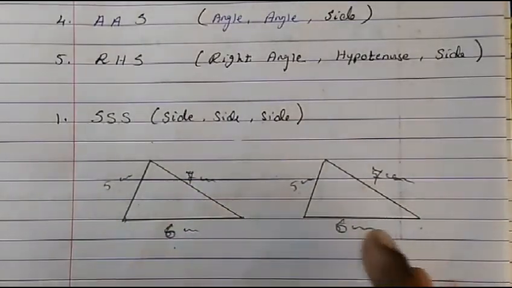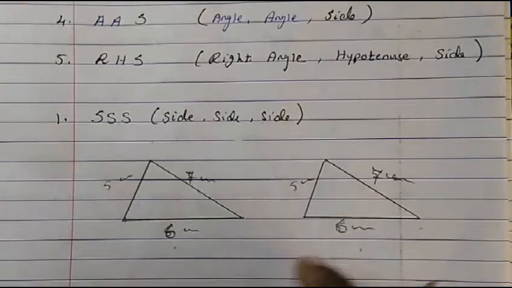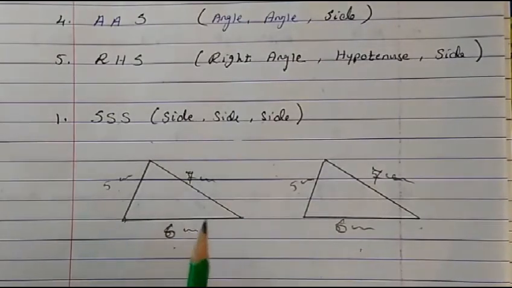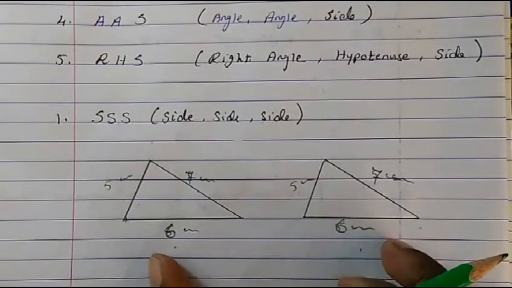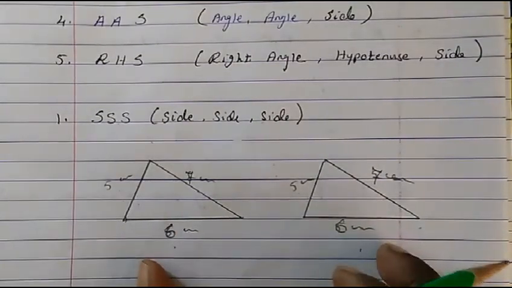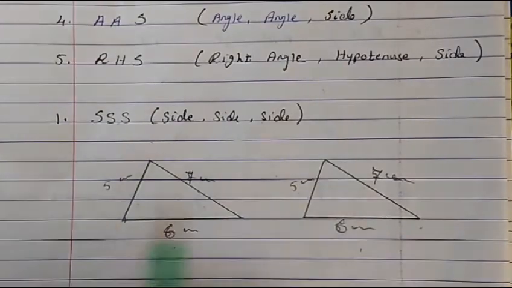All 3 sides are same to same, like Xerox copies. So by side, side, side criteria, these two triangles become congruent, identical, or same to same. So that is one condition.